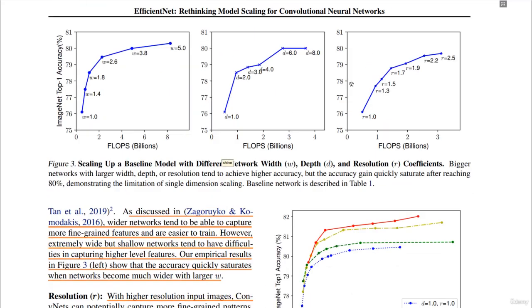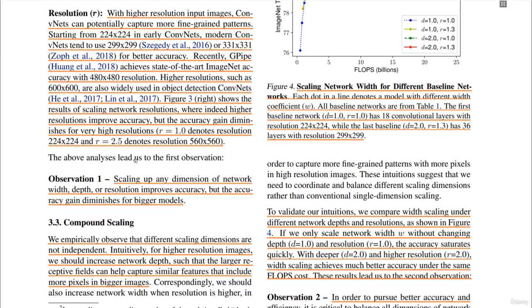And as we had seen, as we keep on increasing these network resolutions, there comes a time where the accuracy actually plateaus. The above analysis leads us to the first observation, that is scaling up any dimension of network width, depth, or resolution improves accuracy, but the accuracy gain diminishes for bigger models and actually plateaus.